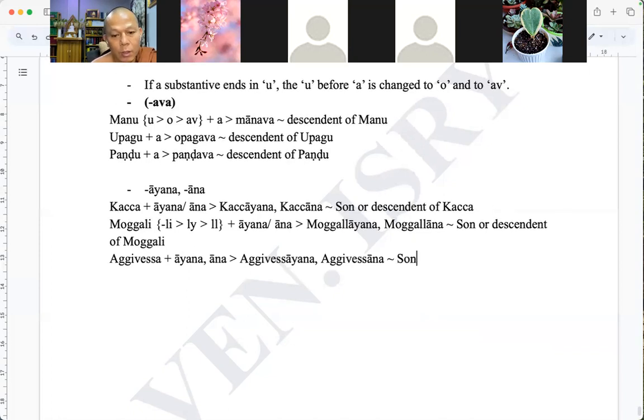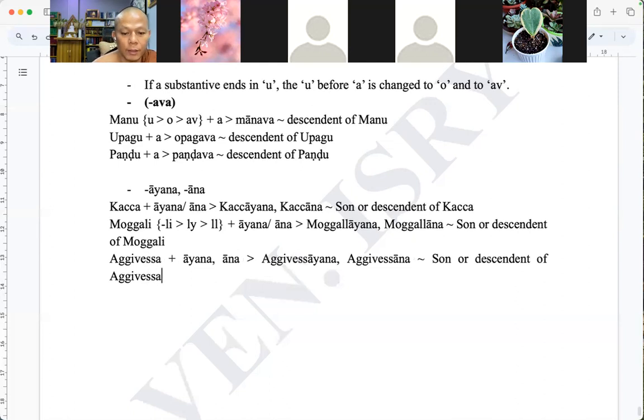Also, son or, so descendant of the, so Ekiwisa in this way. So these are example. Okay, now 3 example with the Ayana and the Ana.